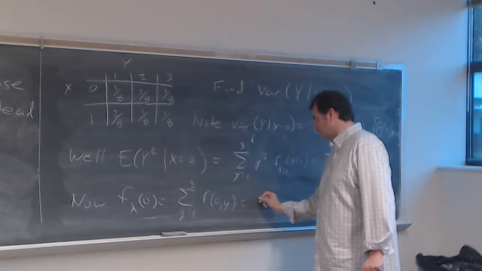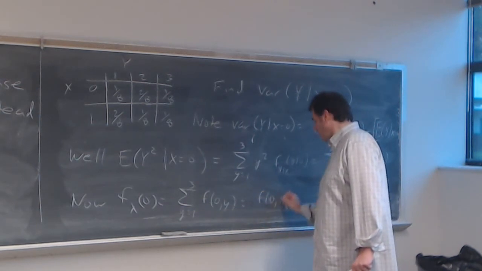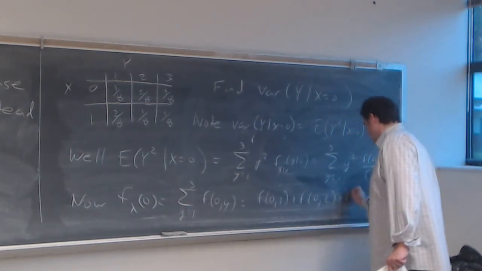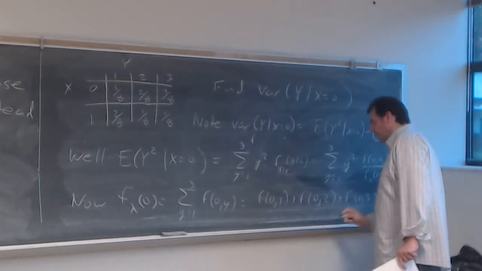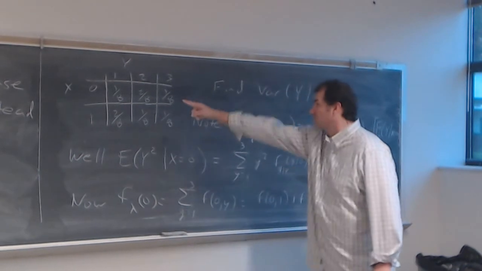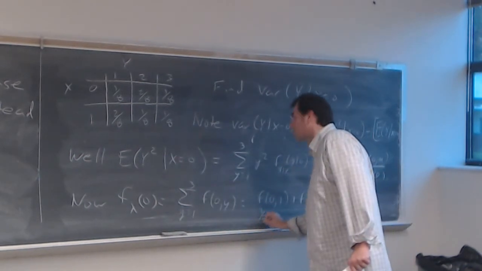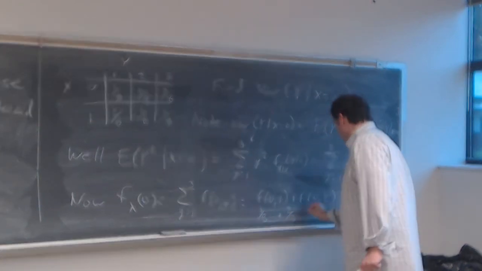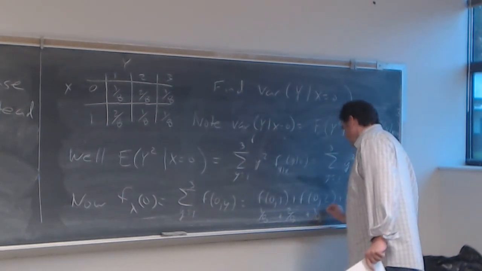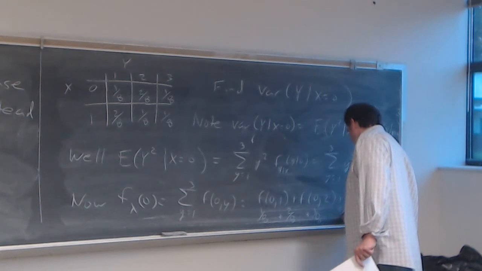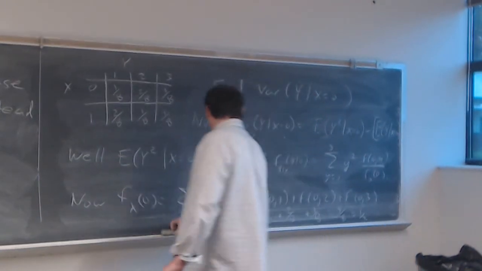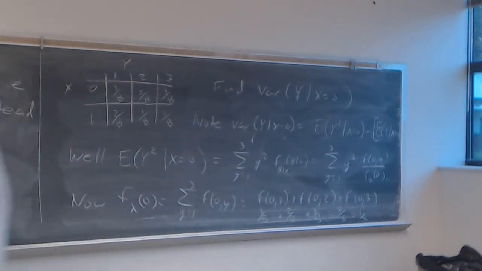So that's equal to f of 0, 1 plus f of 0, 2 plus f of 0, 3. And let me just put down the numbers here. So I'm getting 1/8 from the chart, plus 2/8 from the chart, plus 1/8 from the chart, and that's 4/8, which is 1/2. Okay, so I'm still looking here.